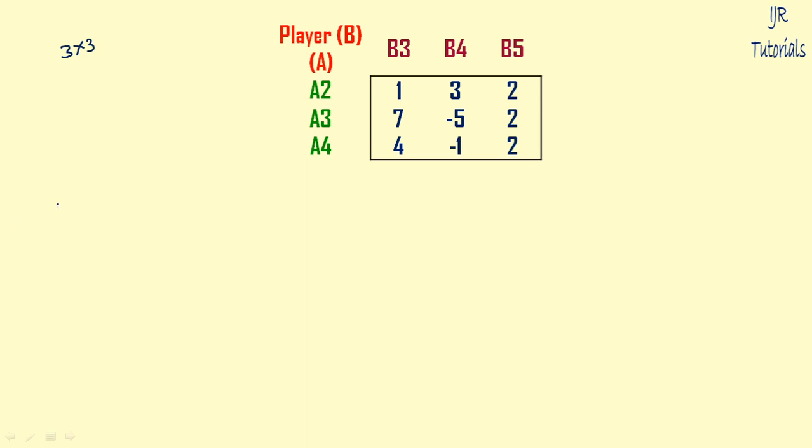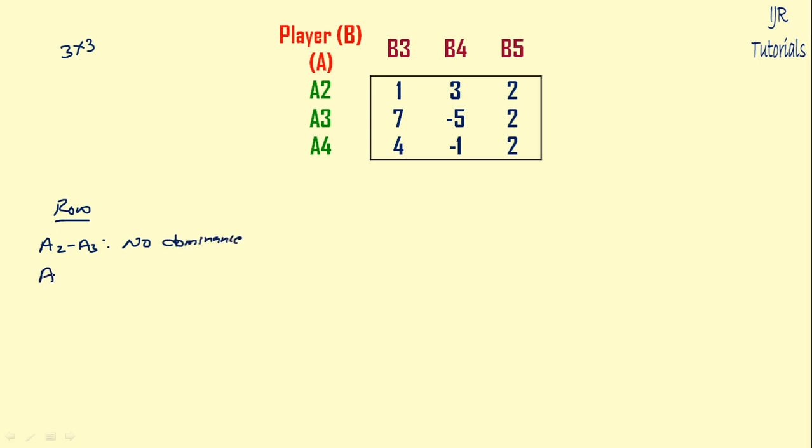Again apply the dominance, row dominance, comparison A2 to A3. So A2, 1 and 7, that is A3 is dominating A2. And here 3 and 5, A2 is dominating A3. So we can say that no dominance.